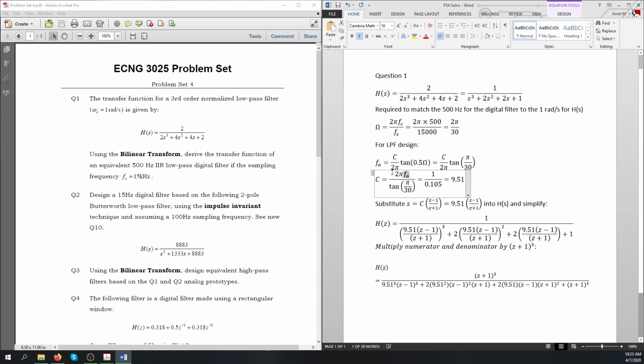And 2 pi f of A here is basically, anything that's 2 pi f is our omega. So 2 pi f of A is going to be omega E. And we know from the question that for this analog filter, they gave us the cutoff frequency, which is 1 radian per second. So the entire 2 pi f of A here will just equal 1, because this is omega E here as well.